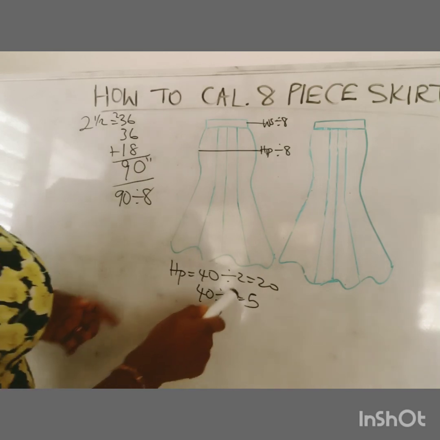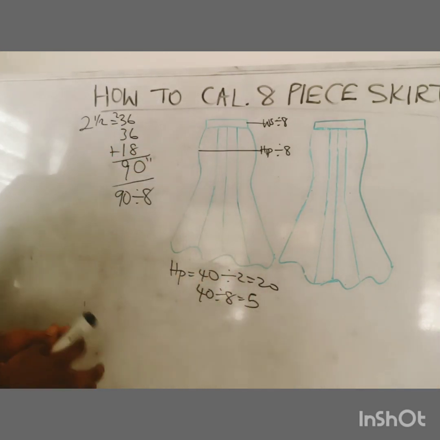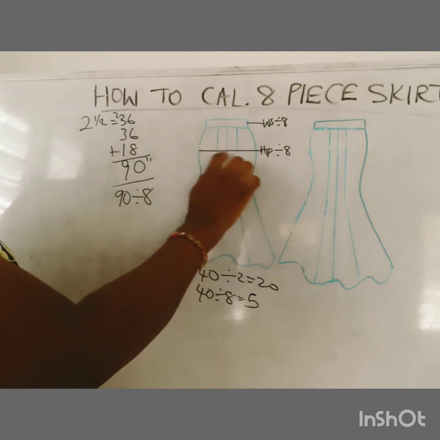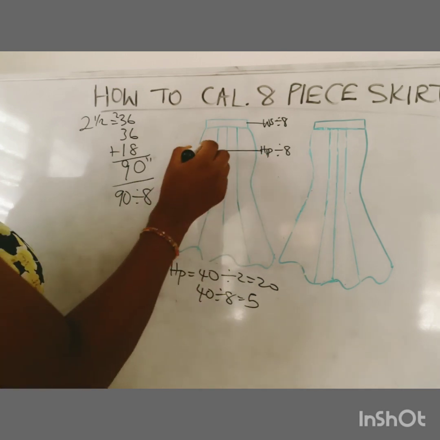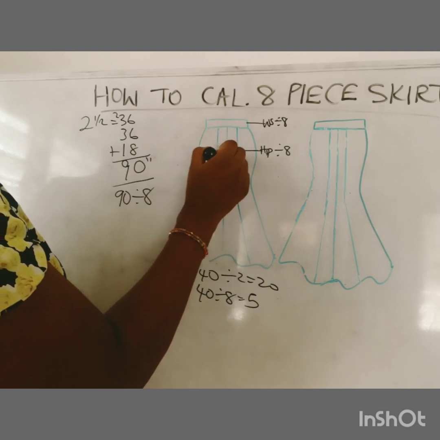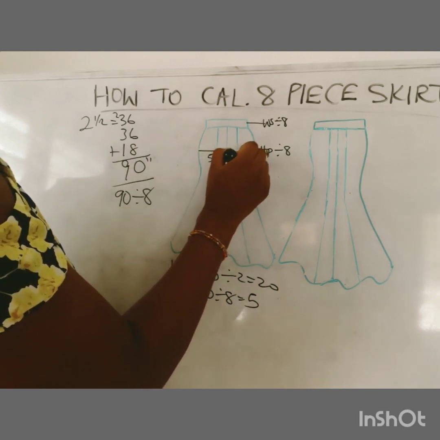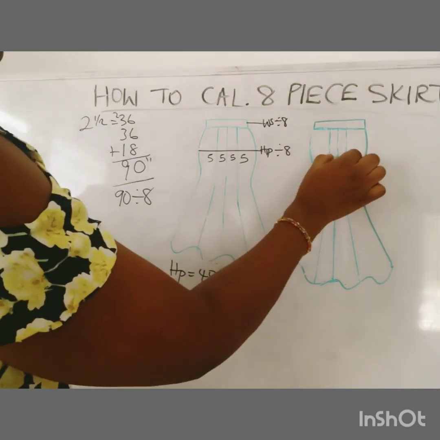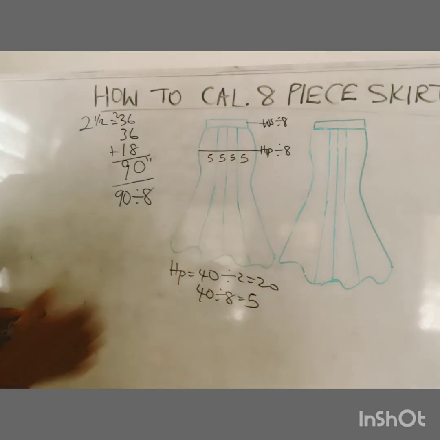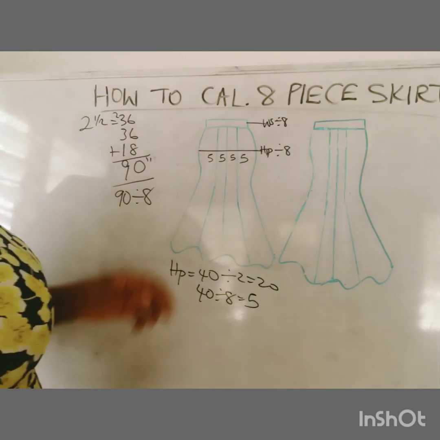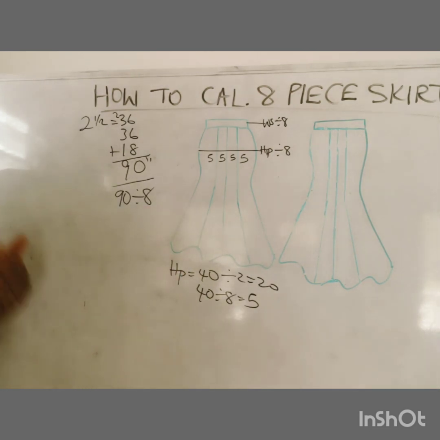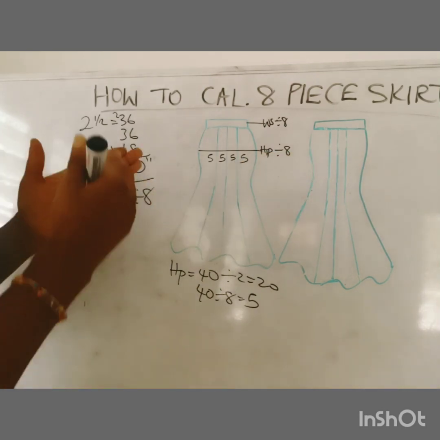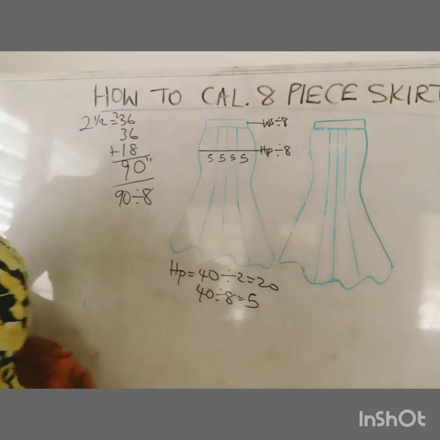So for the one that you want them to be equal, it means that you are going to share. For the hip area, you are going to make it 5, 5, 5 all through. But for the one that the middle is smaller than the side, what you're going to do is to use your bust span measurement to determine the middle, and then the excess will go to the side.